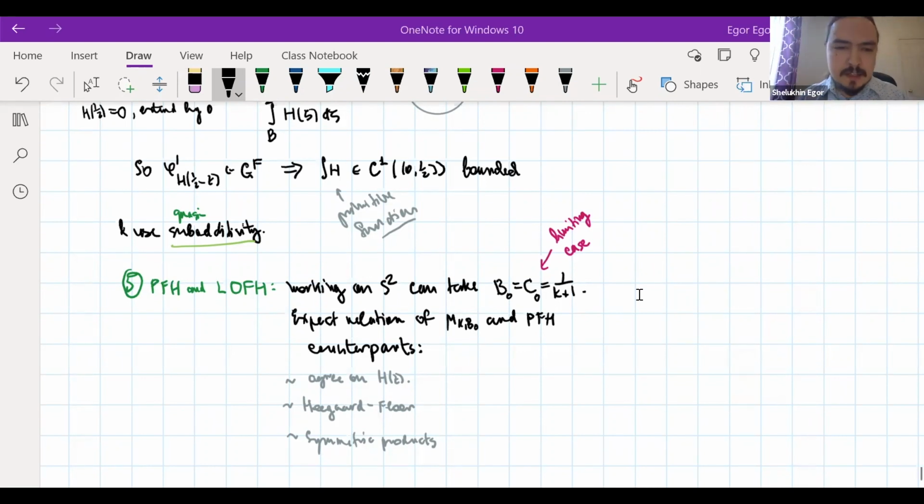And in this case, on functions of height, our spectral invariants agree with PFH spectral invariants that appear in work of CGHS. Okay, and so one might very naturally expect that these two invariants are very closely related.